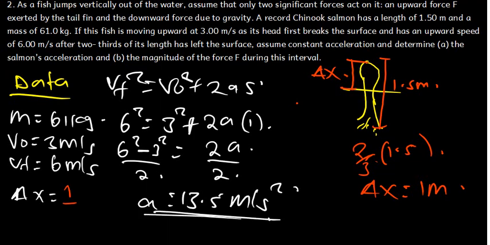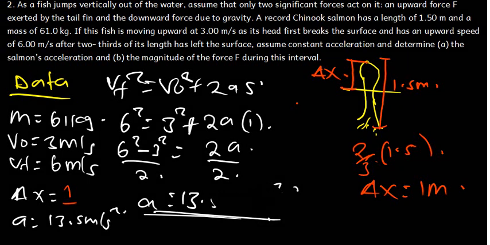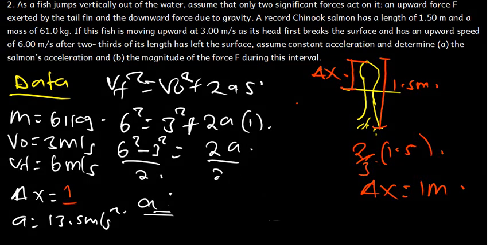Now the next question is saying, so let's put our acceleration here: 13.5 meters per second squared. The next question is saying, find the magnitude of the force during this interval.